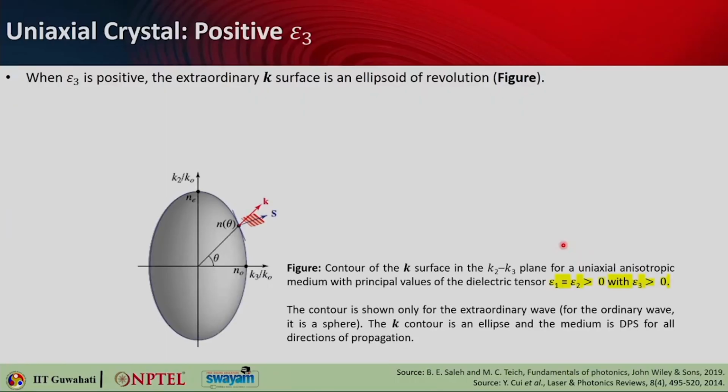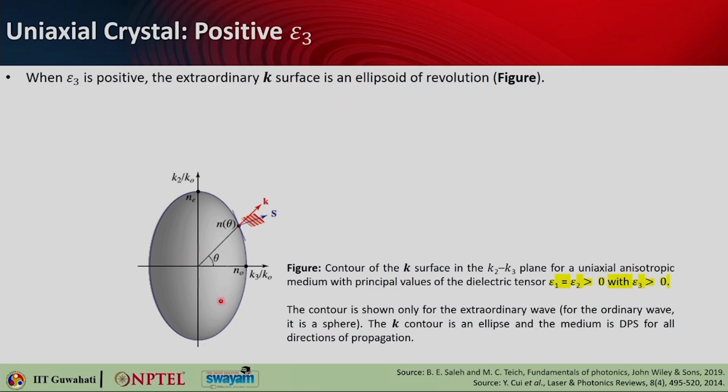So we understood that when epsilon 3 is positive, the extraordinary k surface is basically an ellipsoid, or you can say it's an ellipsoid of revolution. It's a 3D thing.